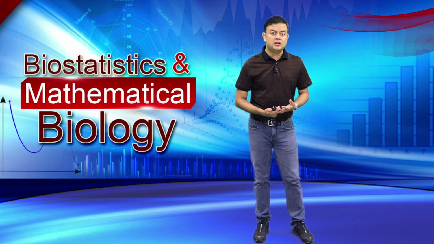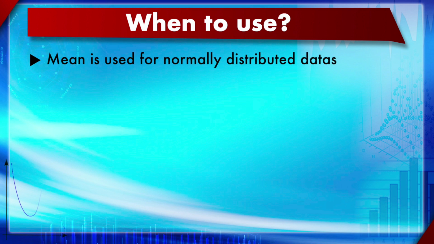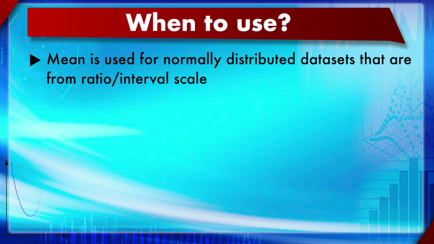When do you use the arithmetic mean? Mean is used for normally distributed data sets that are from a ratio or interval scale. As I told you, the mean does not make sense at the ordinal or nominal level, so there is no point in calculating mean for that. Median is appropriate if your measurement level is ordinal. Also, mean is useful only if the sample comes from a population that is normally distributed.